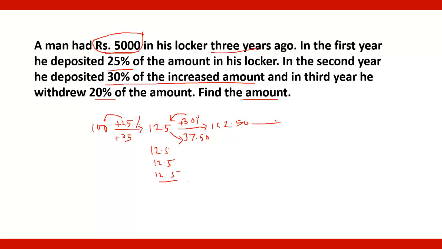Now in the third year he withdrew 20%, that is minus 20%, because the money is taken out. So 162.50, its 20% is taken out of the deposit, and so 10% will be 16.25, another 10% will be 16.25, so it will be 32.50.